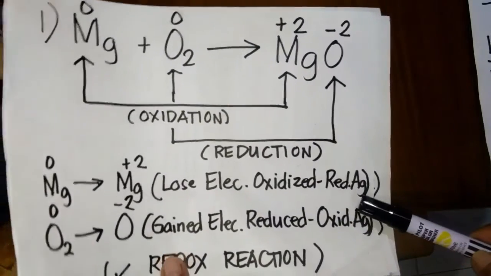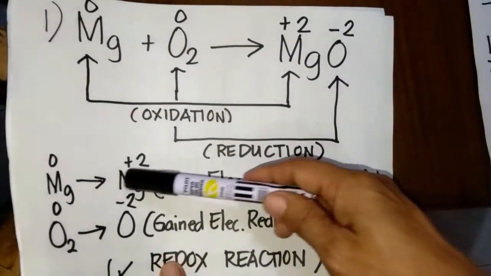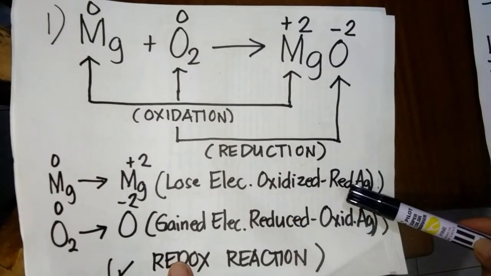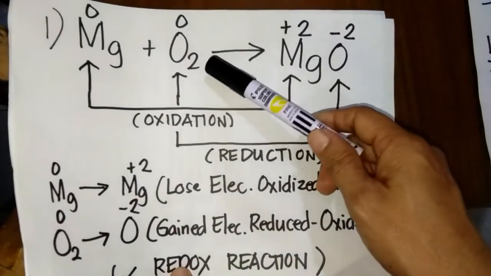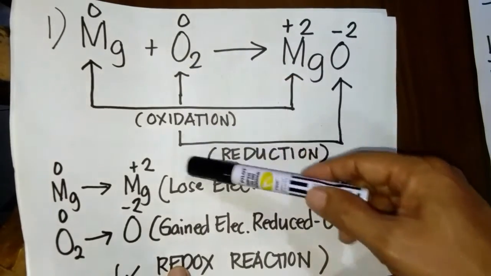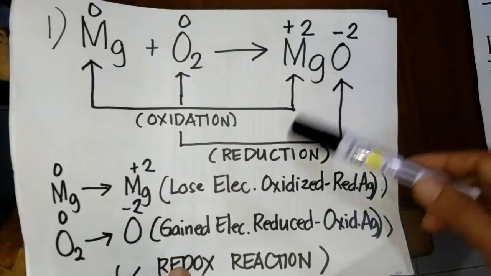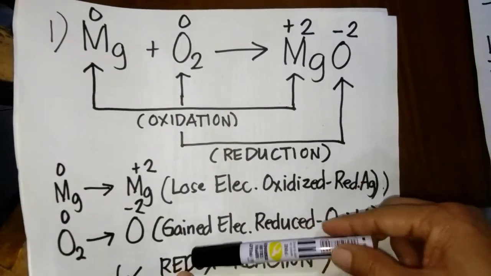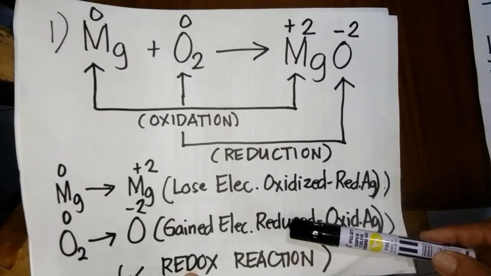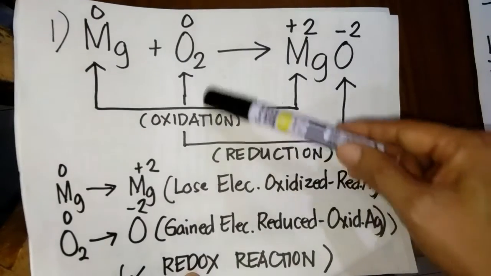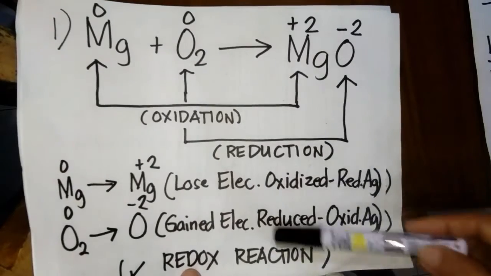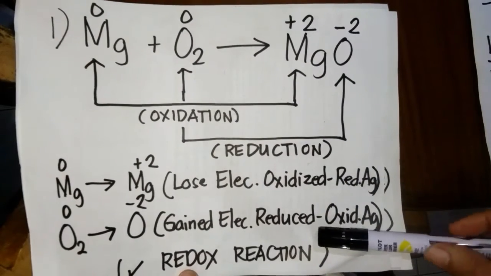Magnesium is the LEORA, or the reducing agent. Oxygen gained electrons from 0 oxidation number to negative 2. So therefore this is our GEROA, gained electrons is called reduction. So oxygen is our oxidizing agent. And of course, this is a redox reaction.